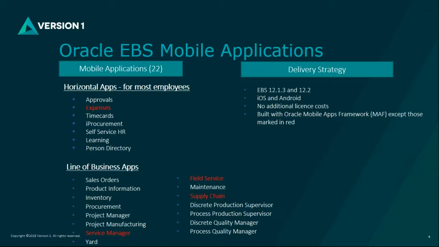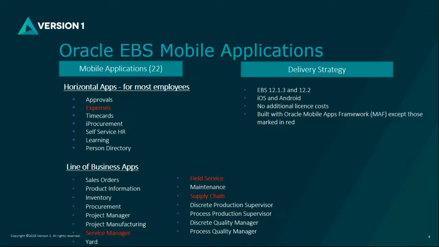They provide actionable on-the-go access for widely used horizontal functions applicable to all employees, as well as for role-based line of business apps for specific functional areas. And there are no additional license costs involved when the associated base product is implemented.